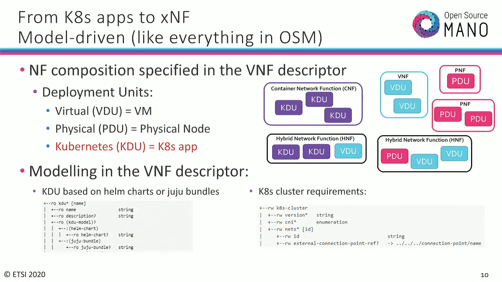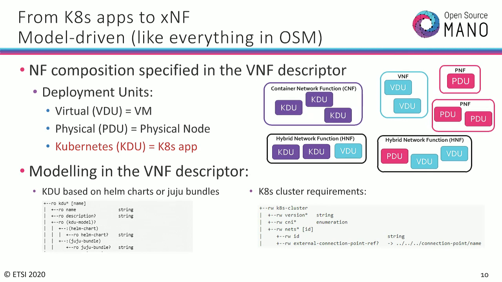First of all, and this is key in OSM, we wanted the K8s application to be modeled through the descriptor, so that everything is model driven, like everything in OSM. So descriptors and the information model are key here.